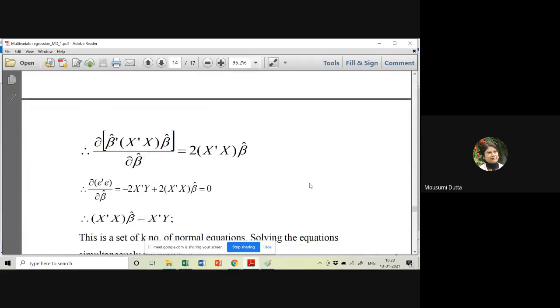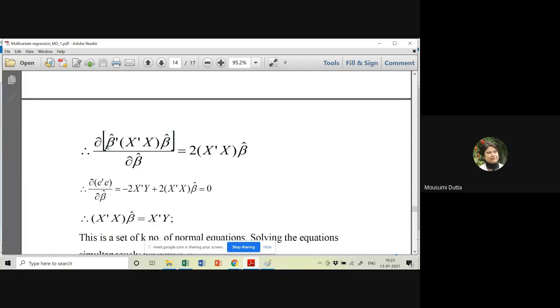Coming back to our third term, which is beta hat transpose x prime x beta hat. This x prime x is equivalent to our A matrix. Now, x prime is of order k by n, and x is of order n by k. So x prime x is of order k by k, which is a square symmetric matrix.